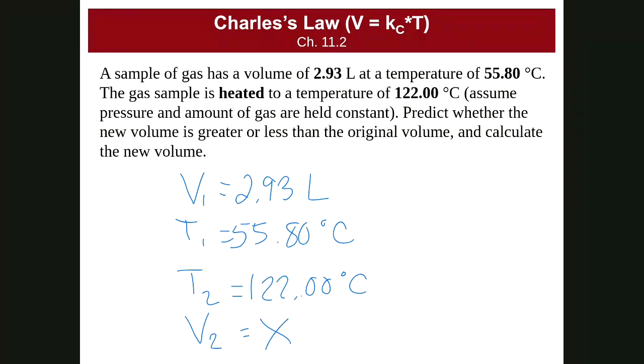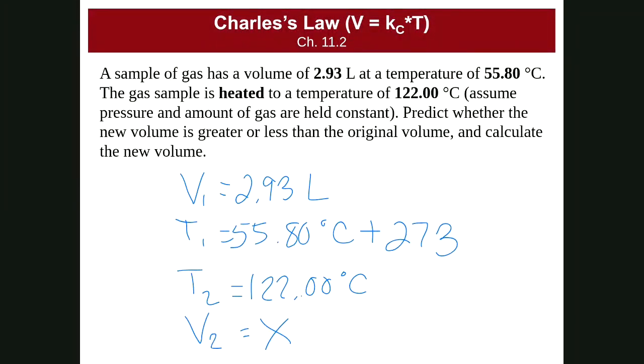All right, but I told you, you have to convert to Kelvin first. So always remember that. That should always be your first step if your temperature is not given in Kelvin. So to do that, you have to add 273 to your temperature.